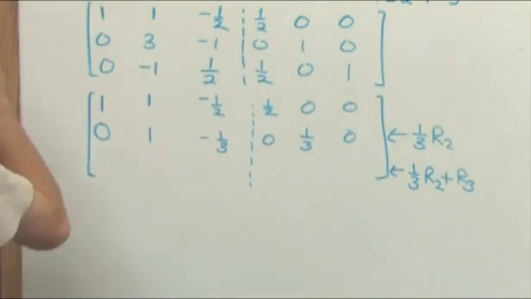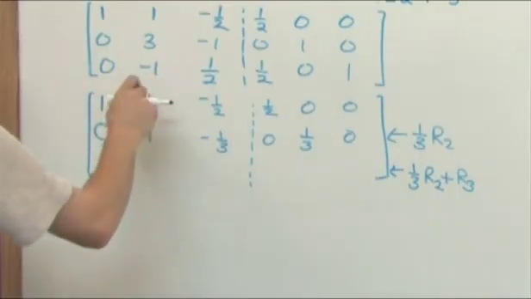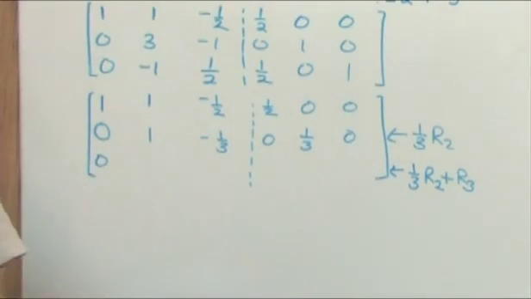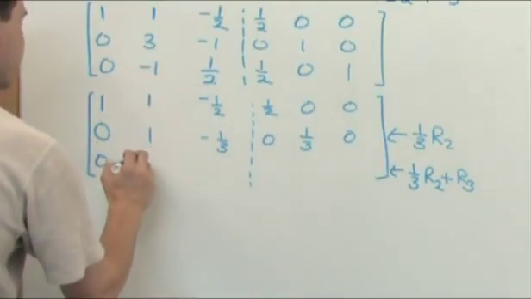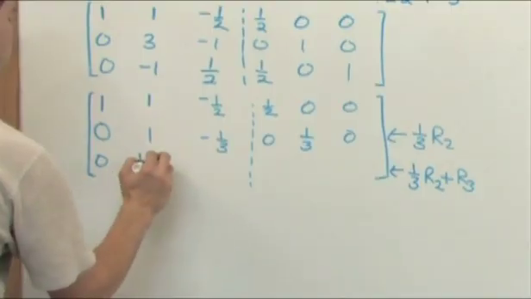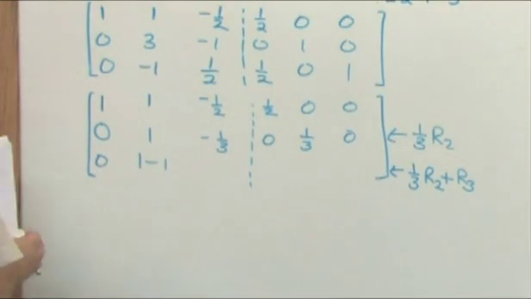Okay? And then the bottom one, we're again trying to make this guy a 0. So we multiply by a third and we add. So multiplying this by a third is 0 plus 0 is going to give us a 0. This is going to give us 1/3. Is going to give us 1 minus 1. 1/3 times this gives us 1, plus this gives us our negative 1 down there.